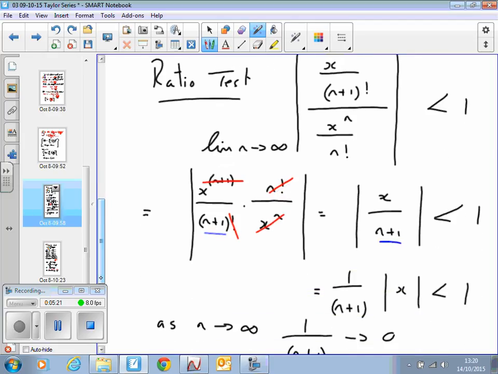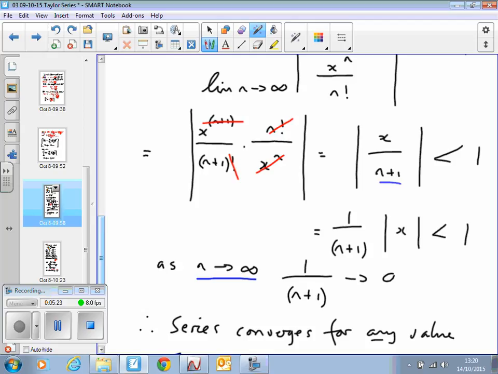In the limit, as n tends towards infinity, if you look at this term, the number underneath in this fraction is going to get bigger and bigger, which means that the answer tends towards 0. So in the limit, as n tends towards infinity, 1 over n plus 1 tends towards 0.